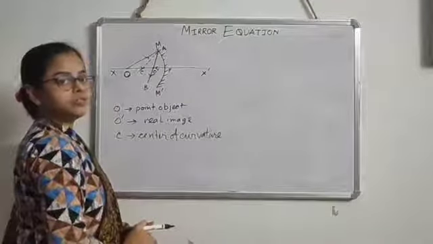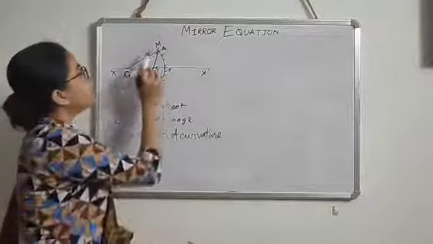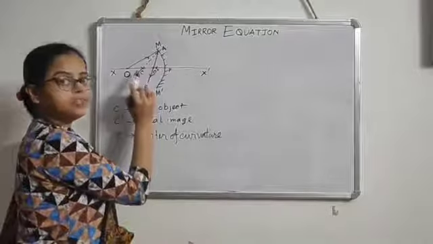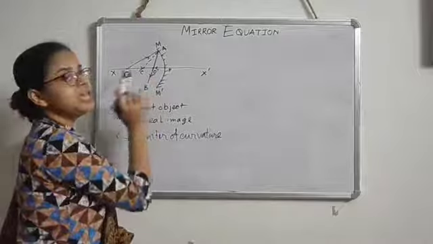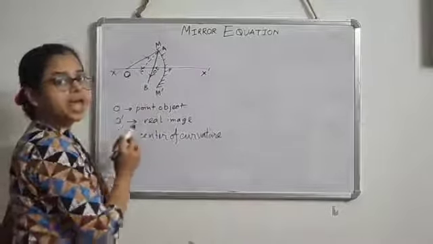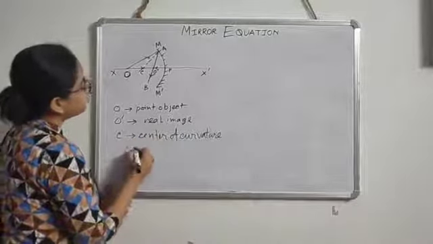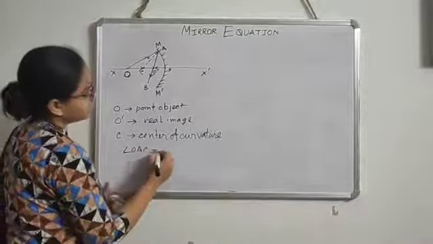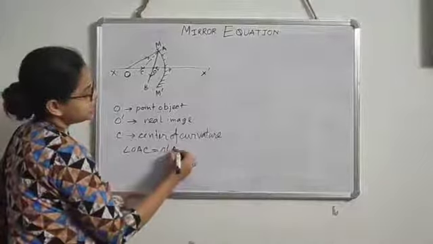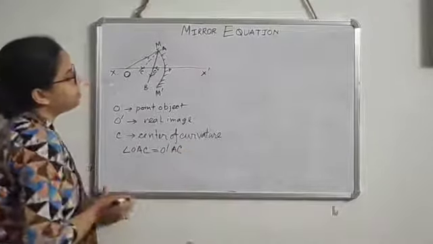Okay. From the laws of reflection, we find that OAC is the angle of incidence and O dash AC is the angle of reflection, and these two are equal to each other. So we can write that OAC is equal to O dashed AC. Okay.